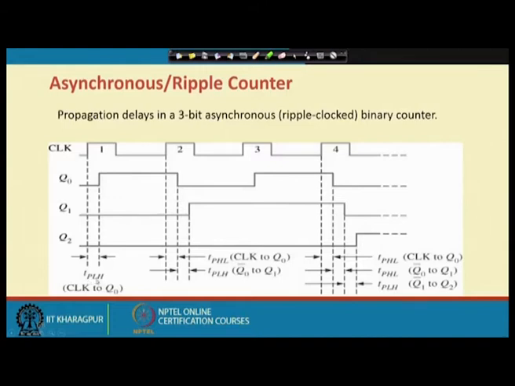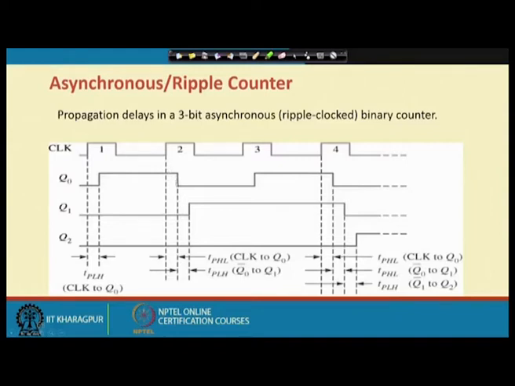That is the propagation time from clock to Q0 of the first flip flop, so it makes a transition here. The second flip flop does not see the clock pulse immediately, but it will see it when I have this Q0 output high. So it will see this here.